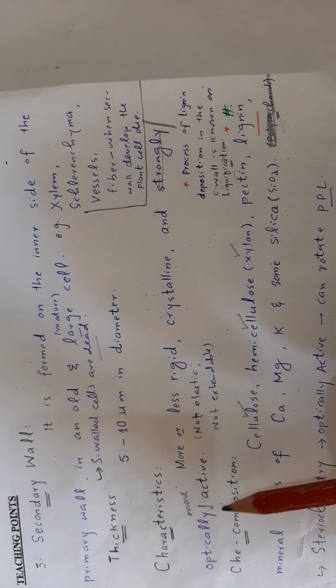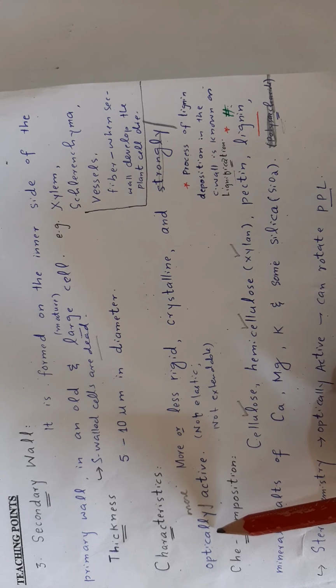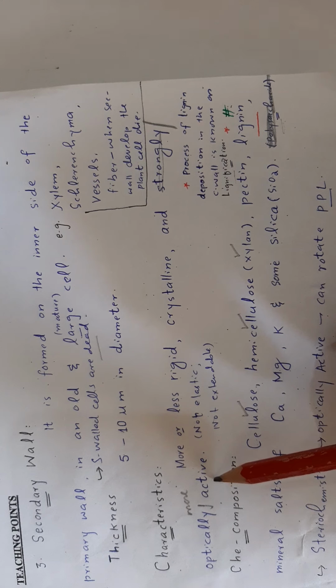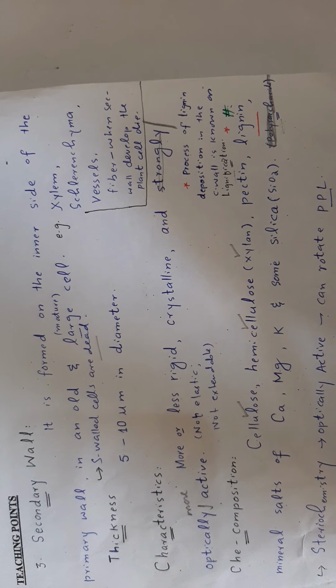As you studied, secondary wall is optically more active than primary wall. What is meant by optically active? In stereochemistry, optically active compound means that molecule or compound which can rotate PPL, plane polarized light.